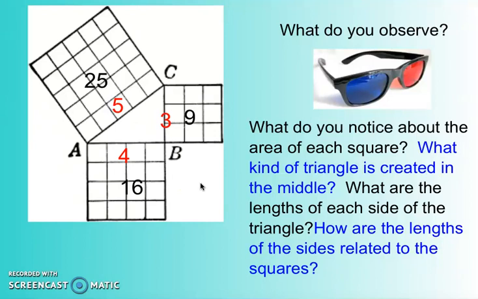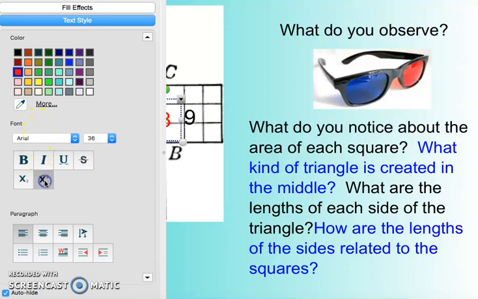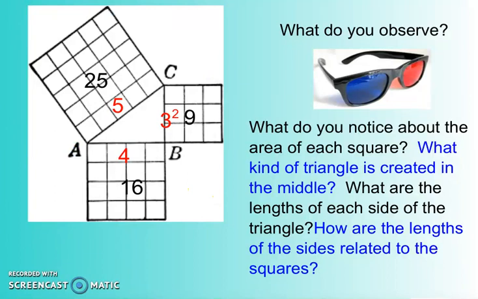How are the lengths of the sides related to the squares? Did you know that if I take this 3 and I square it, do I get 9? Yes. What about this 4?